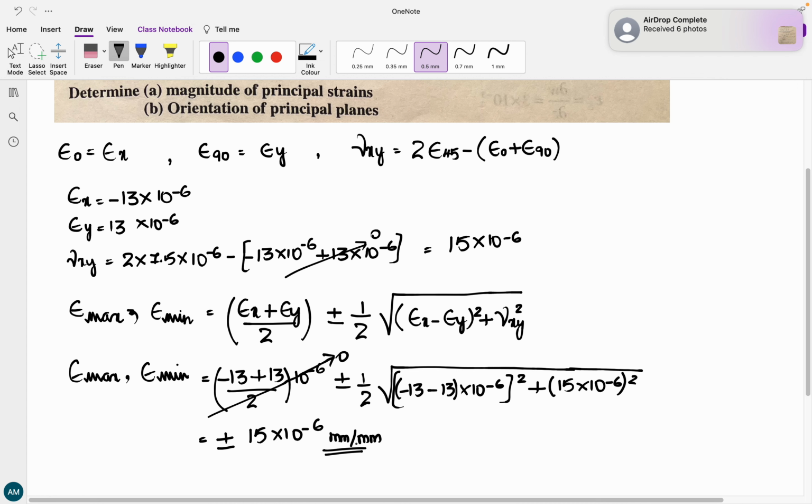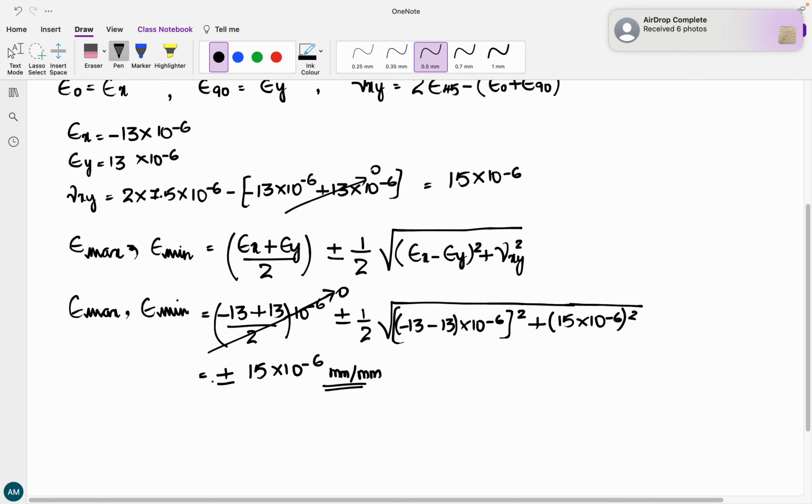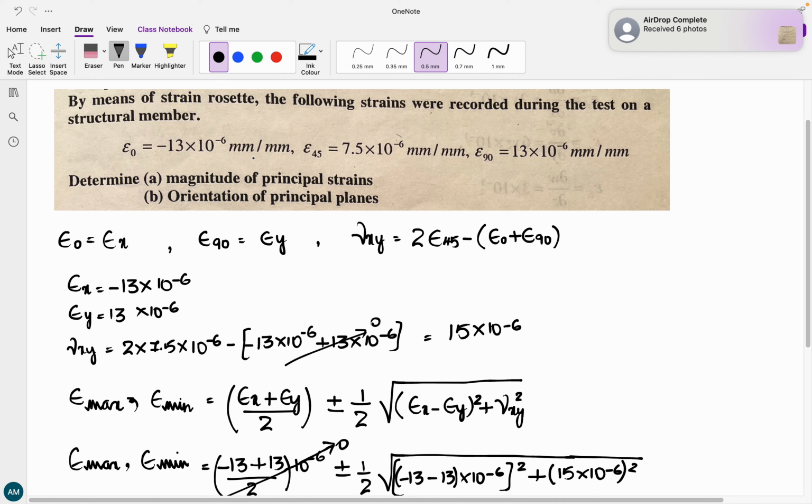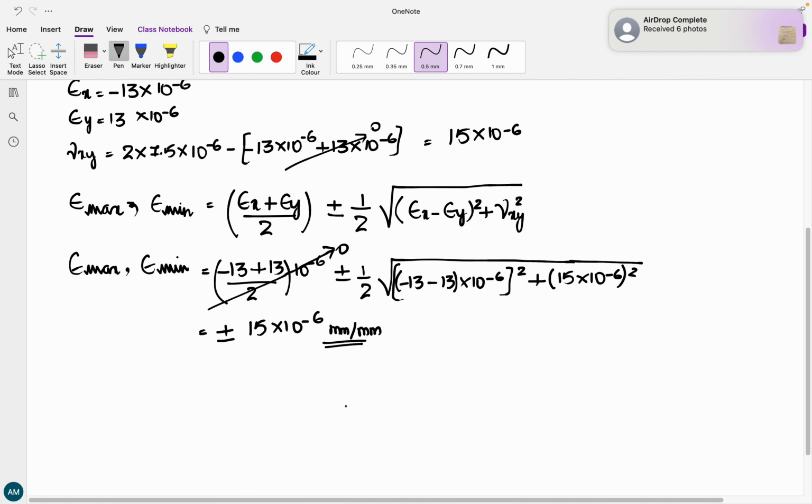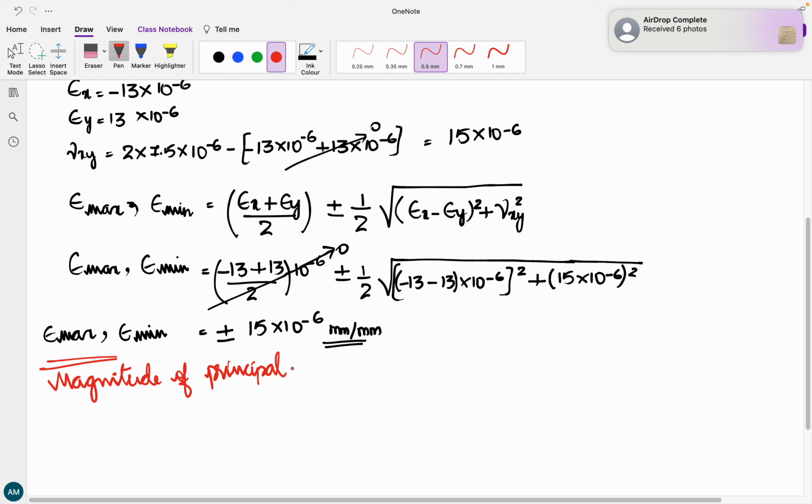Don't forget to write the unit. We can write like this, or we can just leave it without units also, because in the question they have given it as mm per mm. I have used the same thing, else strain is dimensionless. So we have found out the magnitude of principal strains.